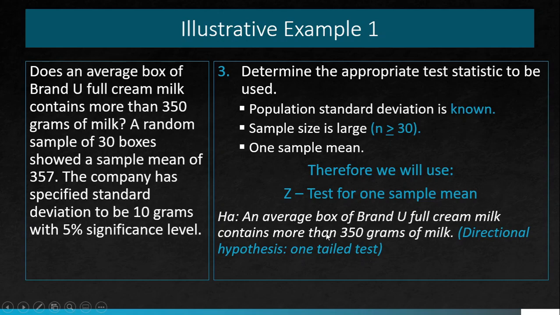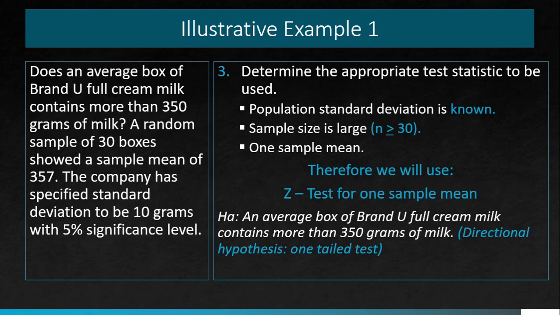That's a comparative word, correct? It clearly states the comparison between your population and your sample. It contains more than 350 grams of milk. Therefore, this hypothesis is considered to be a directional hypothesis.